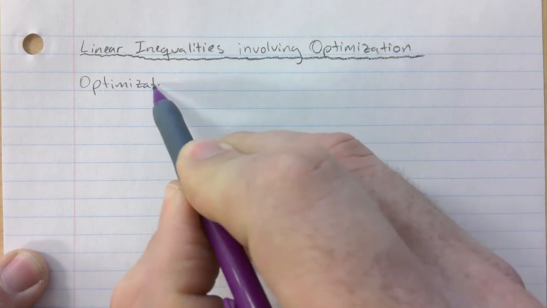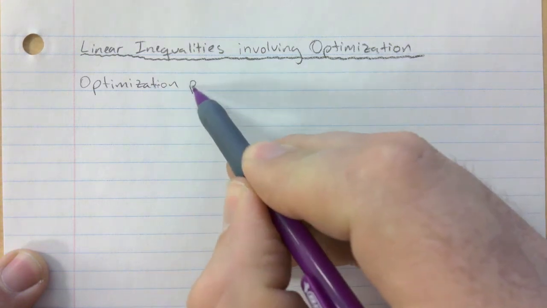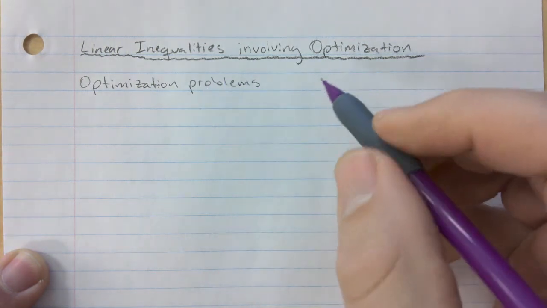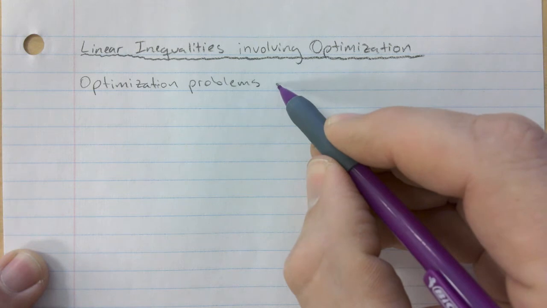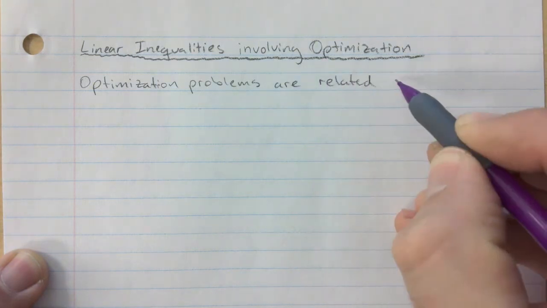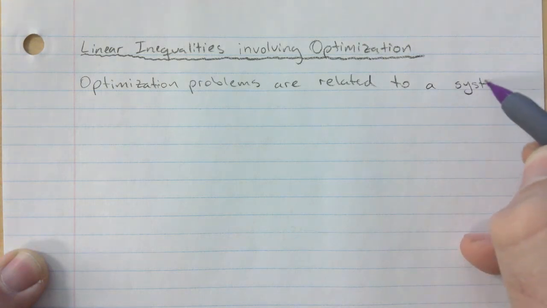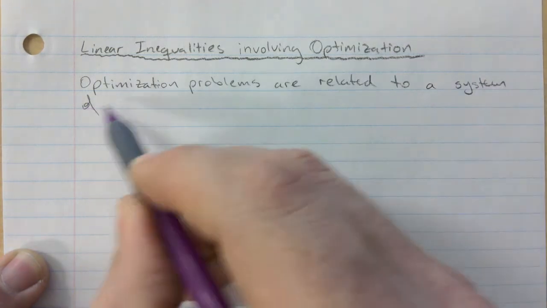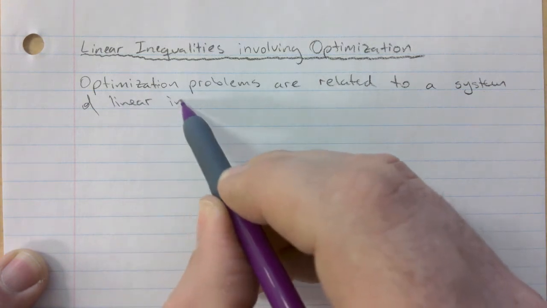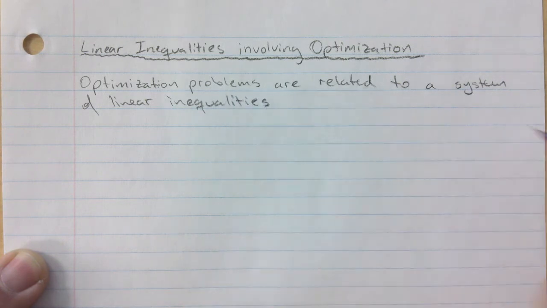Optimization problems are related to a system of linear inequalities, right?